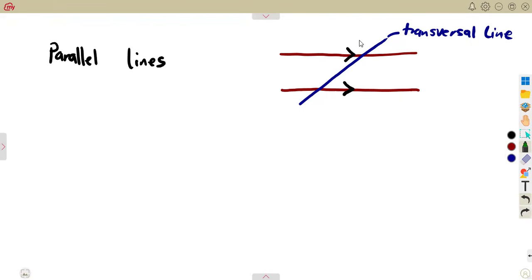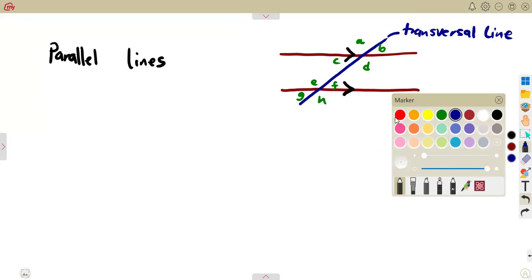Let's say we have here, this is an angle A, this is B, this is C, this is D, this is E, this is F, this is G, this is H. As we can see, there are 8 of them created by this transversal line. So which angles are we talking about here on these parallel lines?